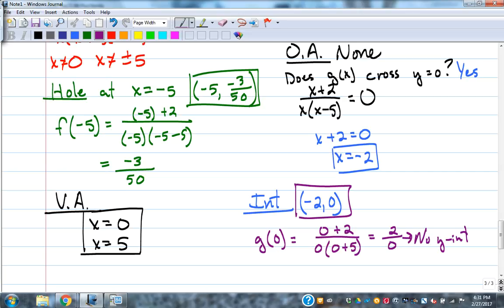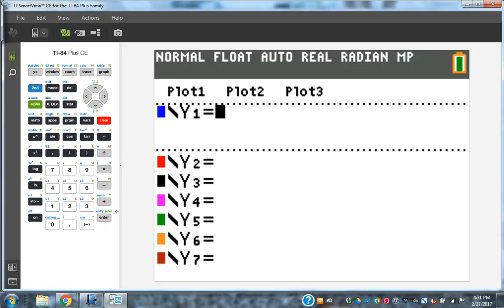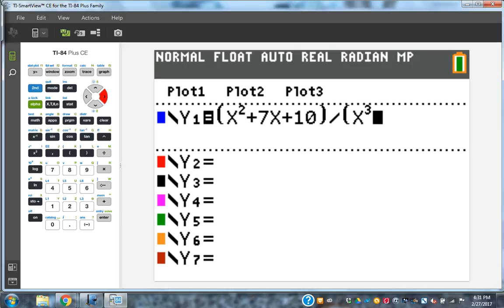Okay. We could look at the graph. And I'm going to go to the graph of the original problem just so we can see the hole and all that stuff that occurs. So when you check your graph, you want to check it with the original problem. x raised to the third minus 25x.